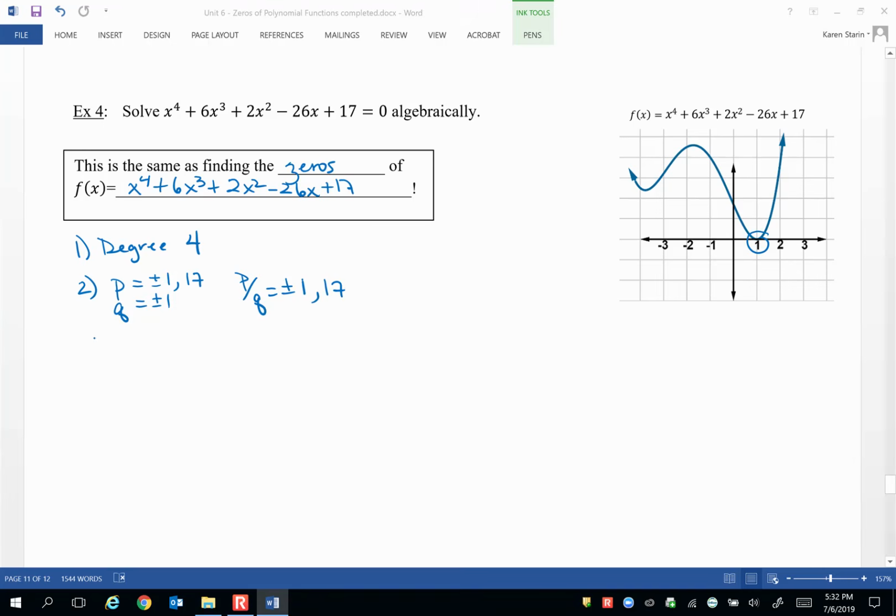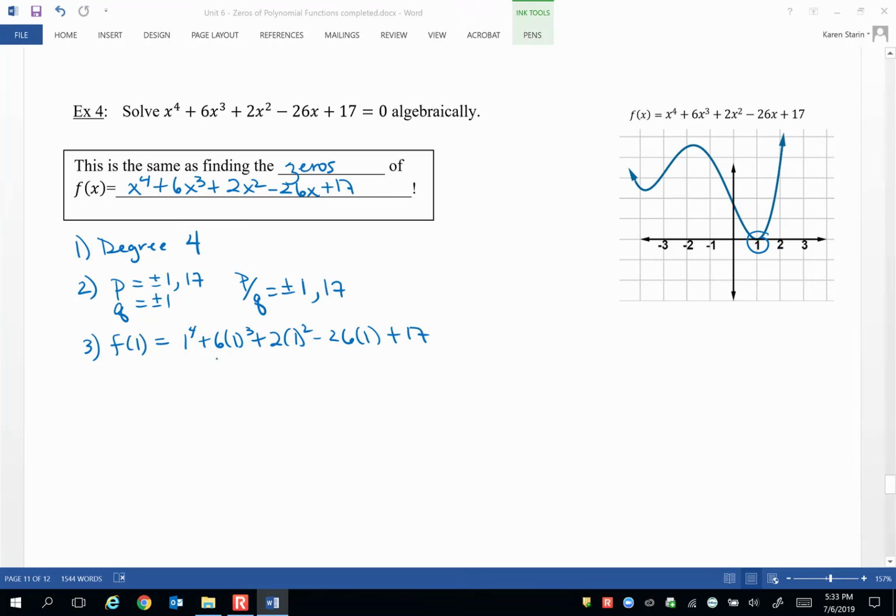We know it has even multiplicity, so we'll check that f of 1 is 0. F of 1 is 1 to the fourth plus 6 times 1 cubed plus 2 times 1 squared minus 26 times 1 plus 17.